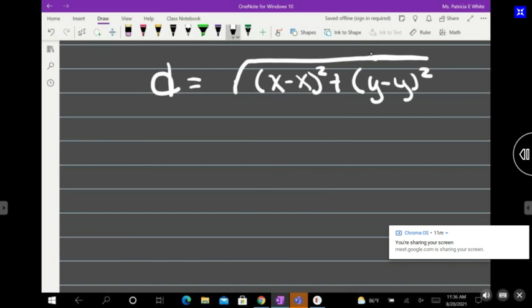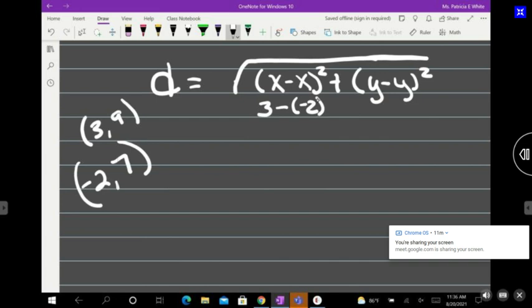Alright, so let's say that I have the coordinate points 3, 9 and -2, 7. What's my x and my x? 3 and -2. So if I have 3 minus -2, I have 3 plus 2 squared plus, what's my y minus y? 9 minus 7.